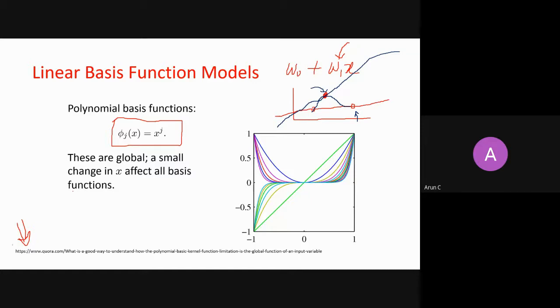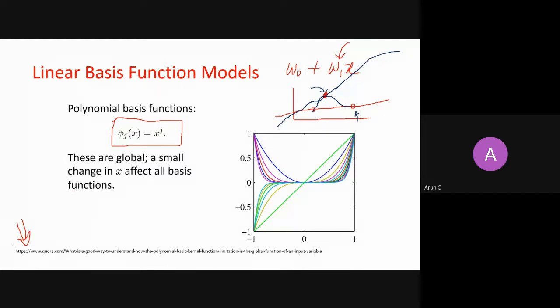And where your curve was fitting some data points, now because you have tweaked one of the parameters, it may not fit those old previous data points. This phenomenon is known as a global effect, right? So a small change in x affects all basis functions. So you don't want to do that.